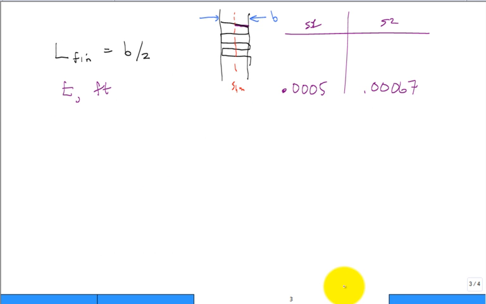All right, we have to calculate the m of the fin. The m of the fin is the square root of 2 times the convection coefficient for that side, over the thermal conductivity of the fin, which was given to be aluminum, and the thickness of that fin, so each side has a different one.